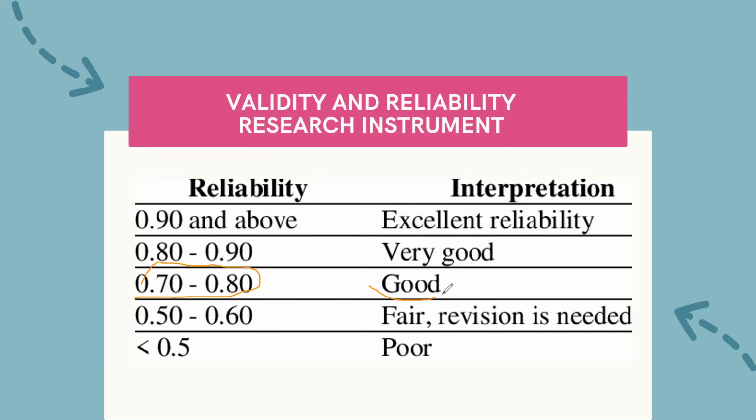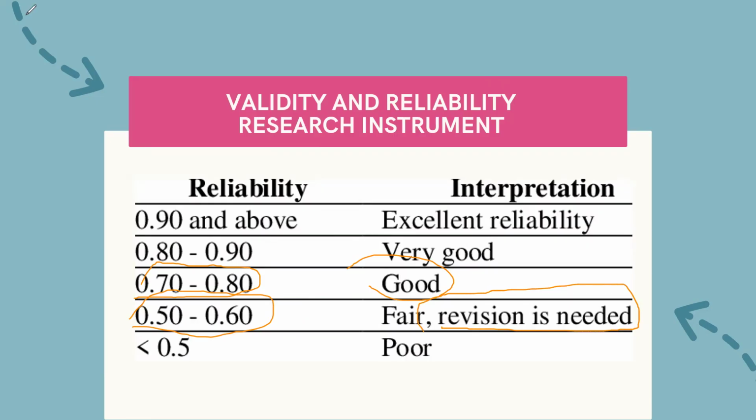So this is a good or acceptable instrument because it is under the scale of 0.70 to 0.80. So it's a good instrument to use. Once the result is 0.50 and below, oh, that is very alarming because revision is needed on that certain research instrument.